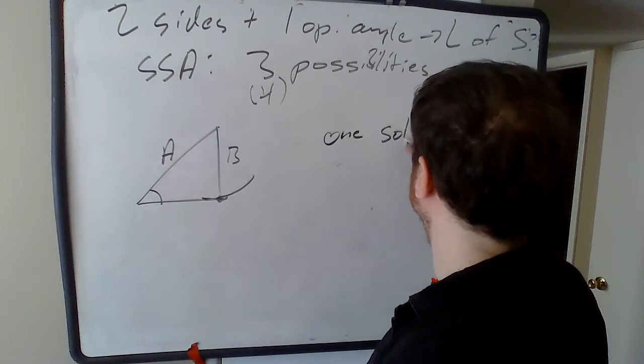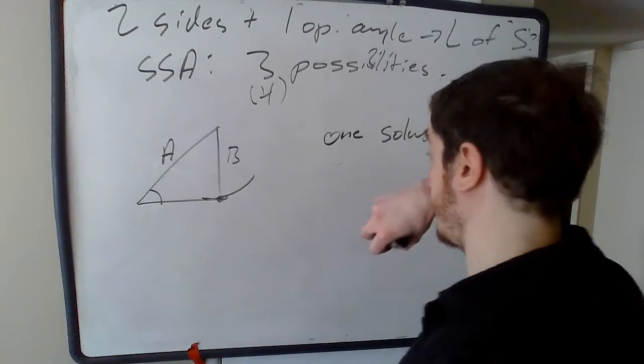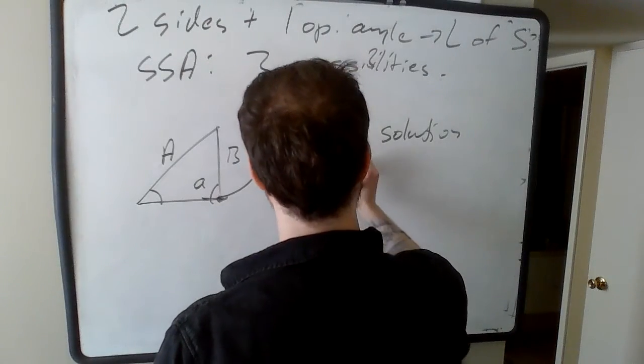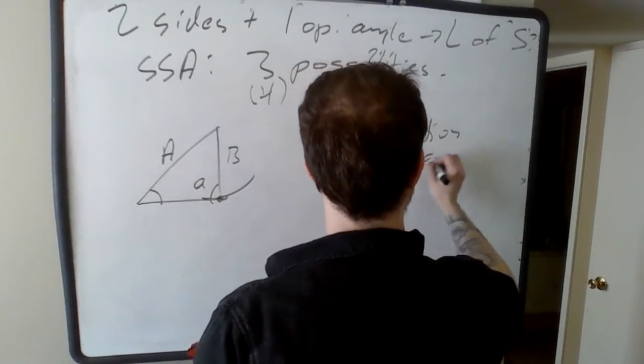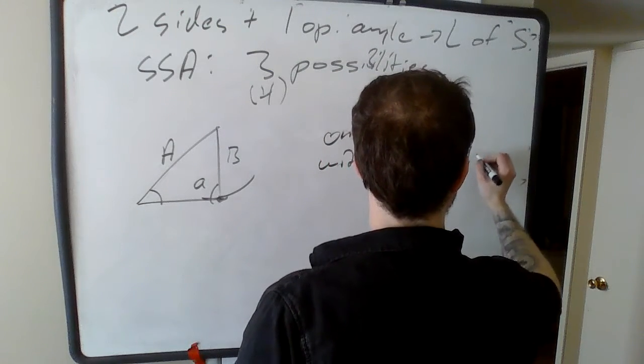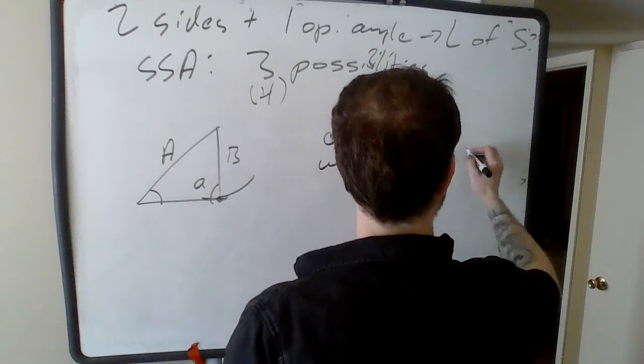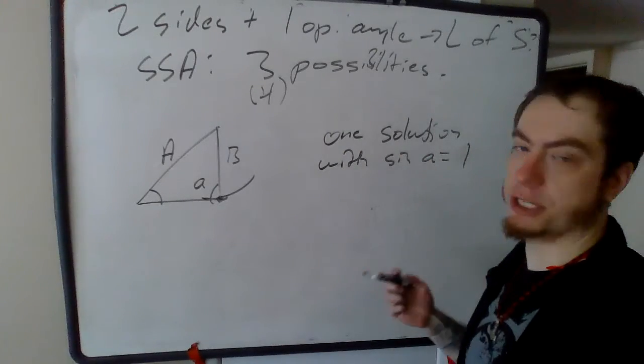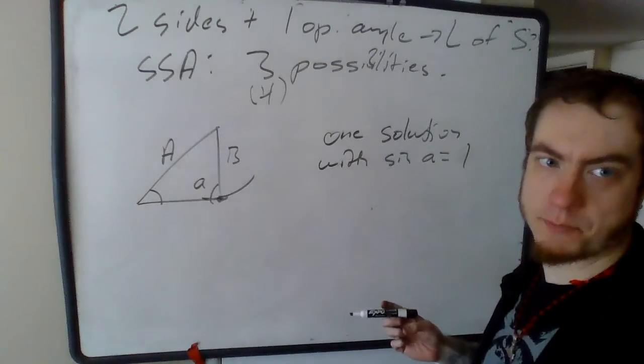So this is one solution where the sine of this angle, little a, has to be equal to 1. In that case, we just get a single solution instead.